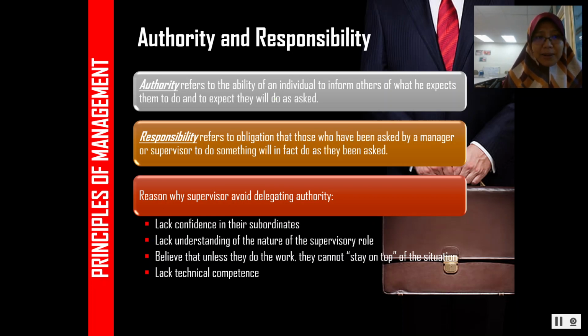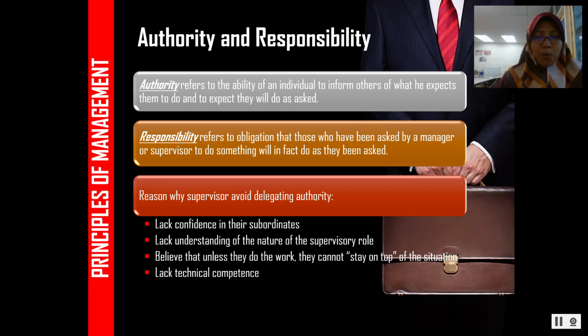And responsibility actually refers to the obligation that those who are being asked by a manager or a supervisor to do something will in fact do as they have been asked. Okay, responsibility, in other words, you must do what your supervisor or your manager asks you to do, and authority is what you expect him or her to do.